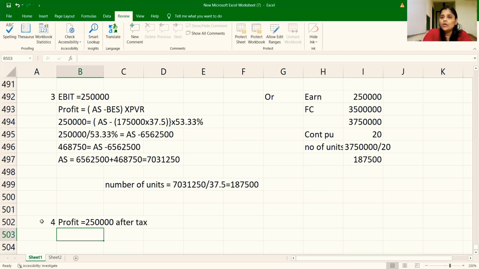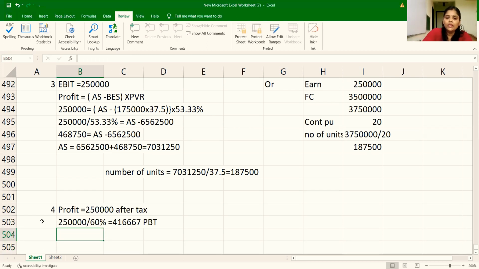So I have to see what is the profit before tax. So 2,50,000 is 60%. So how much is 100%? So my 100% profit is 4,16,667. So I should earn 4,16,667 as profit before tax.